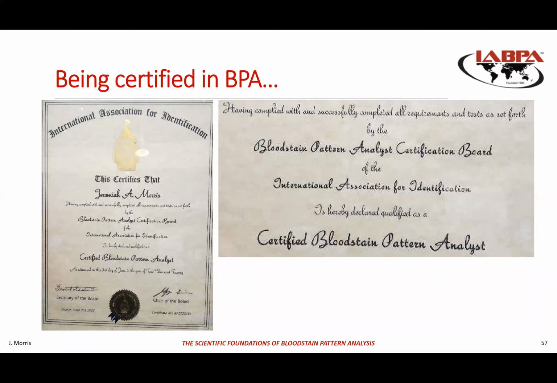And every 5 years, I have to recertify by demonstrating activity in the discipline of BPA, as well as demonstrating proficiency and competency by passing a practical test. That is certification. And for those of you in the legal community who are on board, there are less than 50 individuals internationally who are certified bloodstain pattern analysts through the International Association for Identification.